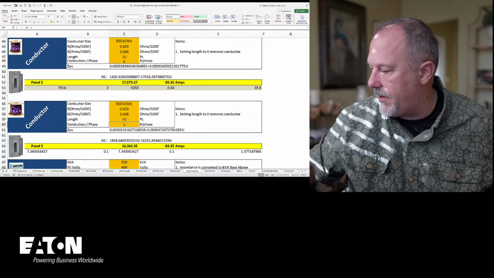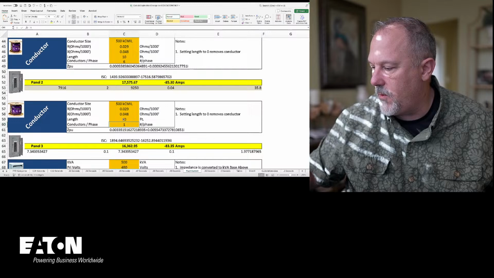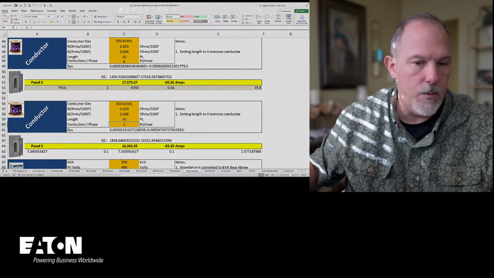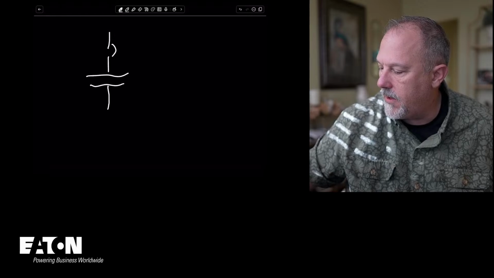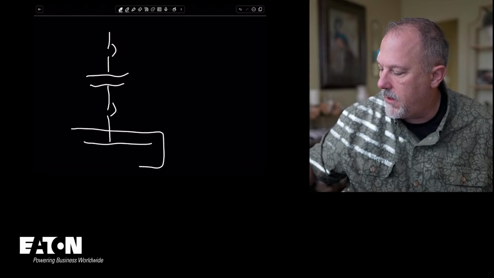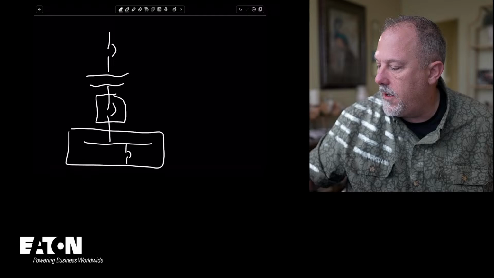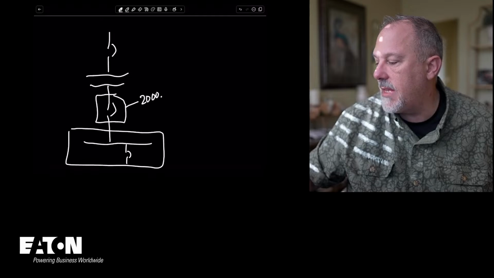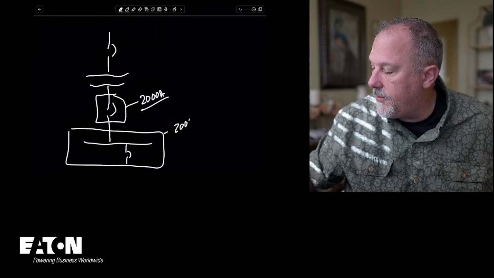So what I'm doing now is I come down to a transformer, and this is going to be my 2000 amp breaker right there. And this is a 2000 amp MLO panel.